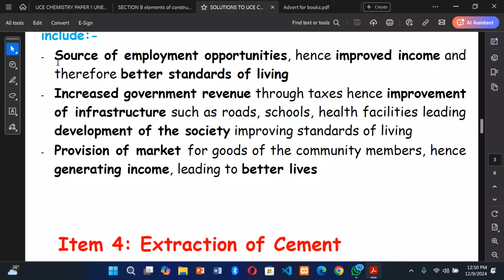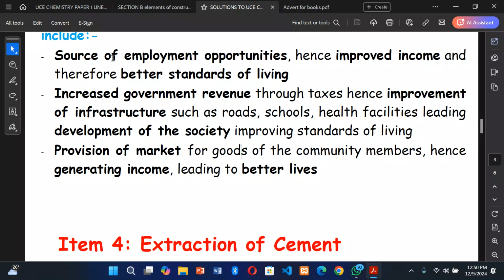Now, when you look at these industrial processes, the social benefits are almost the same. They cut across because we don't have any industry that can come up in an area and it doesn't bring about employment opportunities. It doesn't bring about government revenue. It doesn't bring about market. So these are common things that can work on any kind of industry.